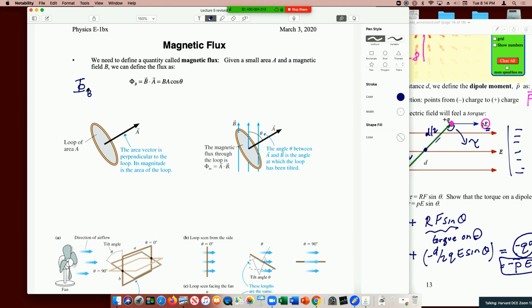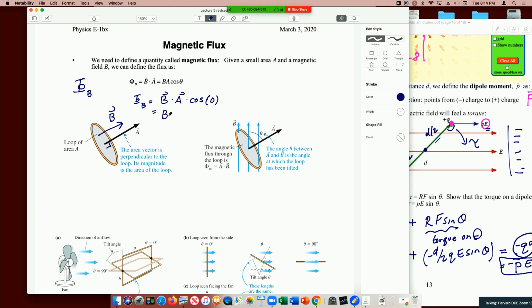Does that make sense? You can see here, the area vector, remember, is perpendicular to the area of the loop. If I've got my magnetic field lines going in that same direction, then I would calculate the magnetic flux by multiplying the field times the area vector times cosine of theta, which would be cosine of 0 in that case because there's no angle between them.